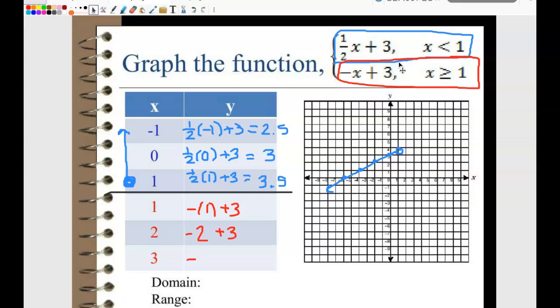Then you're going to plug 3 in. But because this graph is greater than or equal to, if something's greater than or equal to, it's a closed circle. So when I plot the point (1, 2), I'm plotting a closed circle.